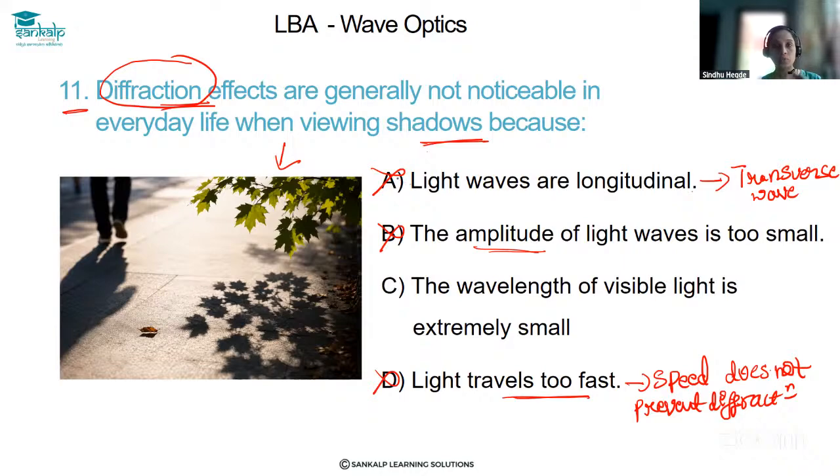We know that light always travels in a straight line and creates sharp shadows instead of bending around them, because objects are so large relative to wavelength.